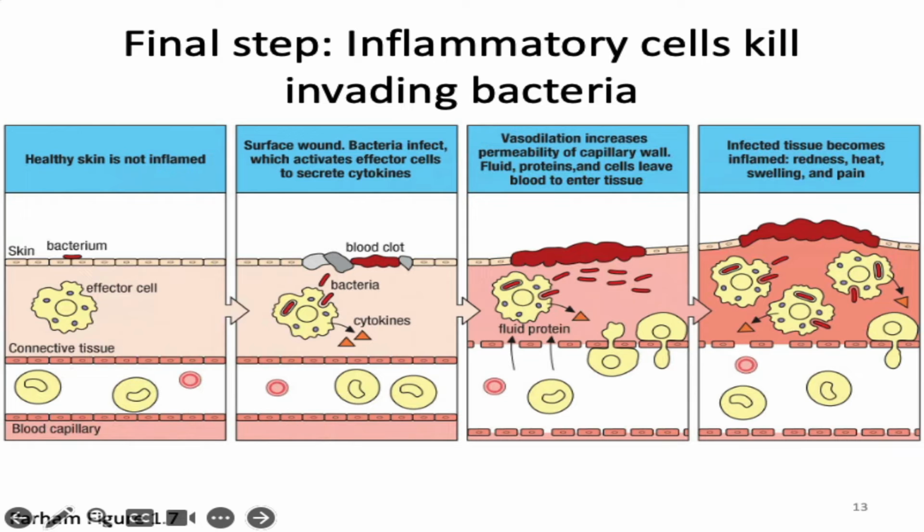All right. So at this point, we have seen our wound. We've seen our macrophage that lived in the tissue sense a microbe like a bacteria. We've seen that macrophage make some cytokines, and we've seen those cytokines have an effect.